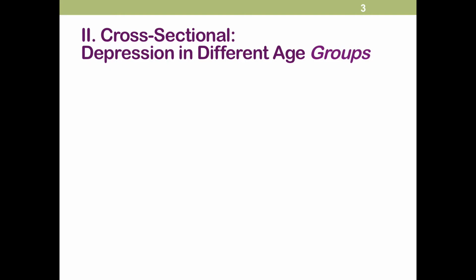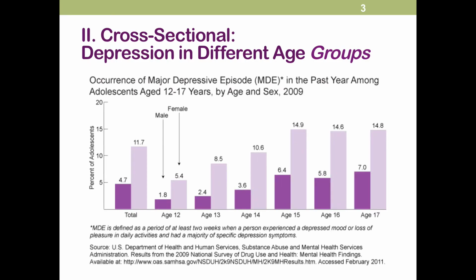So, for example, in this graph, we are looking at the occurrence of major depression in adolescents of various ages, 12 to 17, all within the same year, 2009. You look at age 12, 13, 14, etc., and the dark purple are male, the light purple are female, and this shows the incidence of depression.